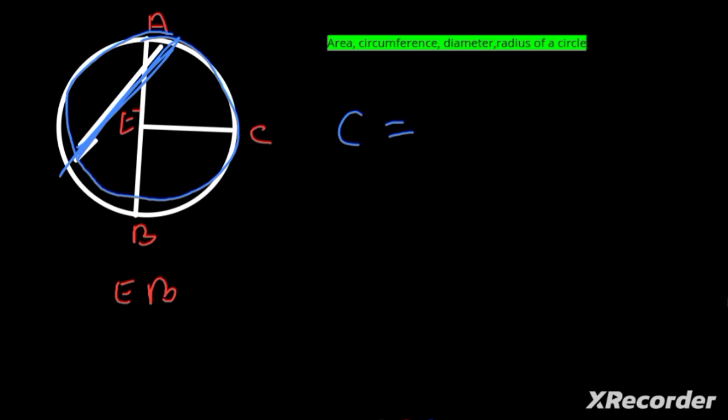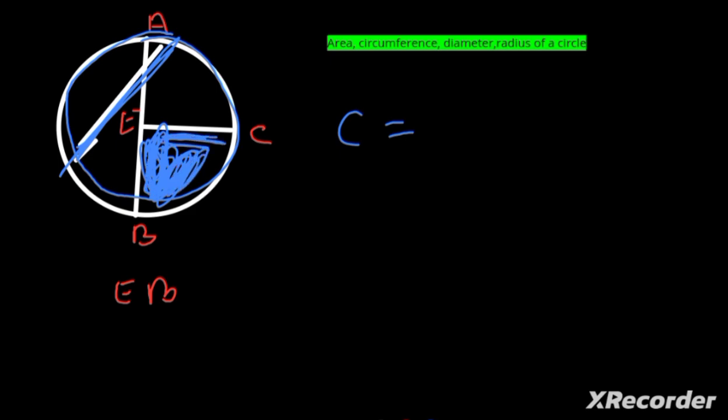So let's move on to our next topic, which is the sector. Sector is nothing but the area between two radii or one diameter or two diameters of a circle. So I have shaded this portion. This is known as the sector.